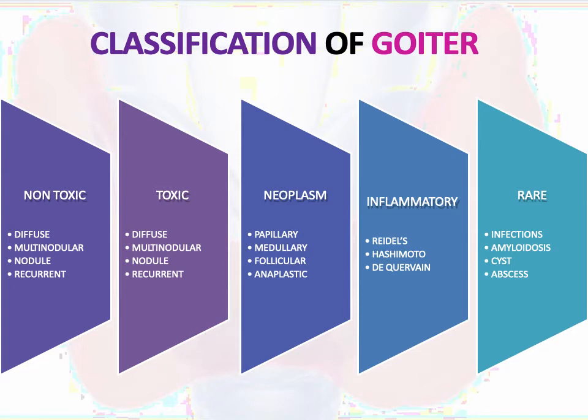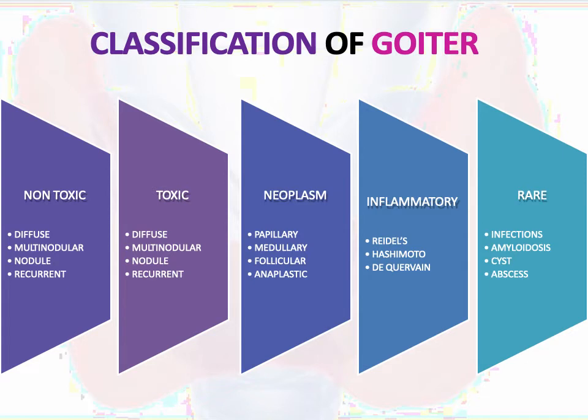Now the classification of the goiter. How will we classify? Everything you have to classify. Why classification? It will make the thing simple to remember as well, and to diagnose the patient, and to treat them. So it might be either non-toxic or toxic. Okay, so first of all, whether this is a toxic condition or non-toxic.